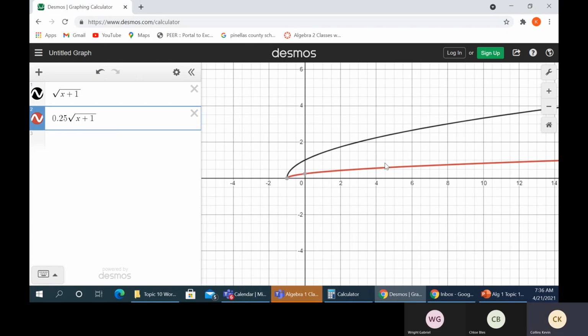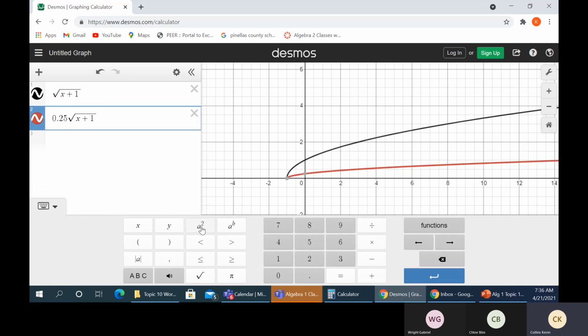So once again, our good friend Desmos comes in very handy. Yep, sure do. That's what I say. You can just Google Desmos. This will come up. It'll bring up this graph that looks just like this, and then you can come over here and you can plug in whatever you want. If you come down here, it's this little keypad thing. This gives you, like, if you wanted something squared or x to whatever power you want.